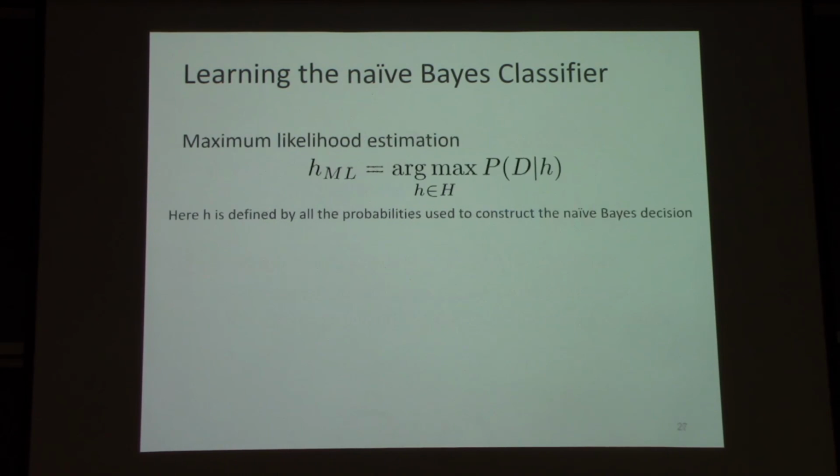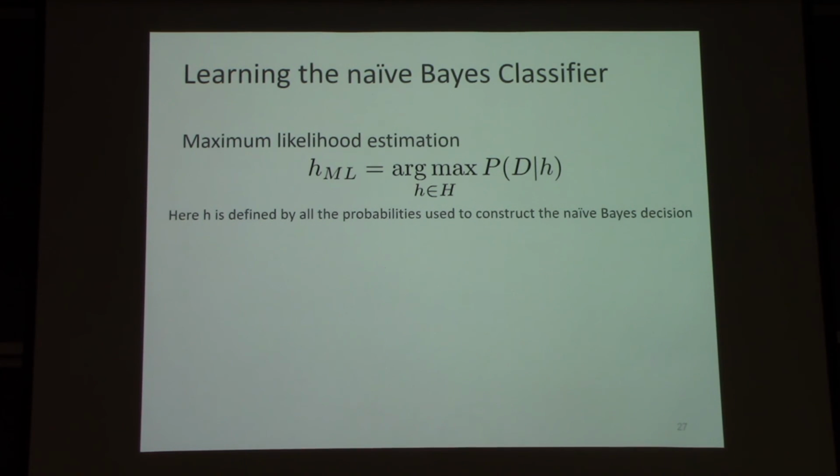Let's do maximum likelihood, because I don't want to comment on any posterior probability or priors over the hypothesis space here. So the maximum likelihood estimation for the naive Bayes classifier would say, okay, I have a data set and I want to find the classifier that has the highest likelihood of producing this data set.